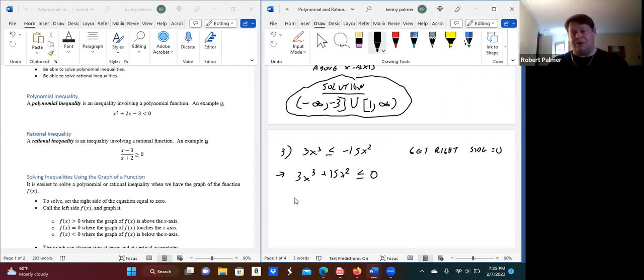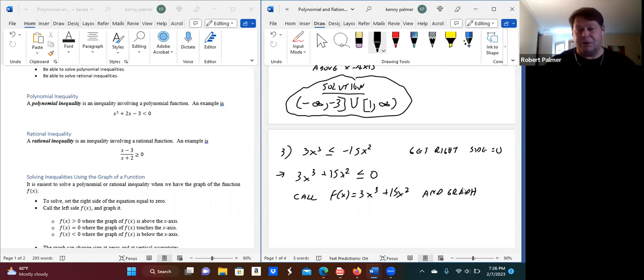Now we're going to call the left side f of x, equal to the left side, and graph that. f of x will be 3x cubed plus 15x squared.